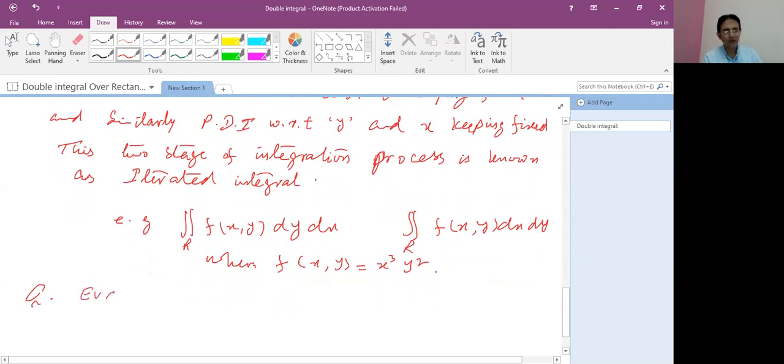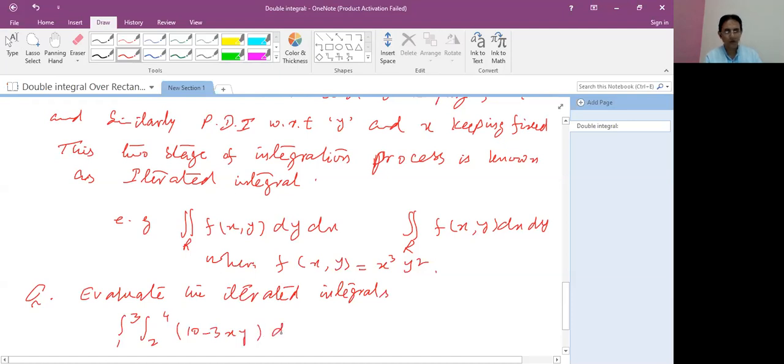The question is, evaluate the iterated integral: the integral from 1 to 3, the integral from 2 to 4, of the function 10 minus 3 of xy, dx dy.